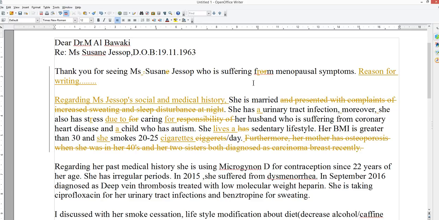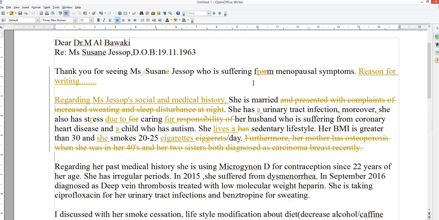Okay, social history. She is married. She's got stress. She's a sole carer for her husband and child. Also, she's sedentary, she's a bit overweight and she's a smoker. Then put your medical history and then put the presentation.